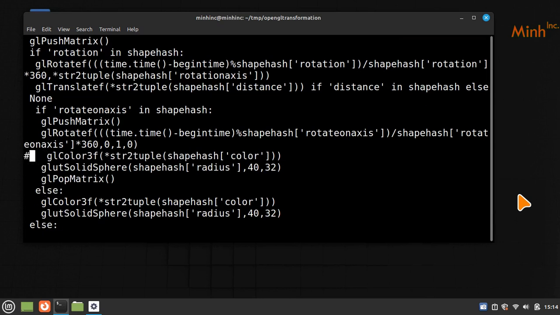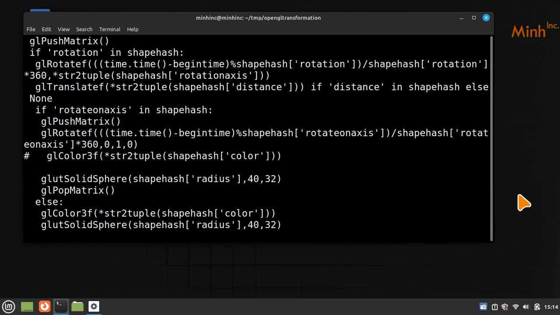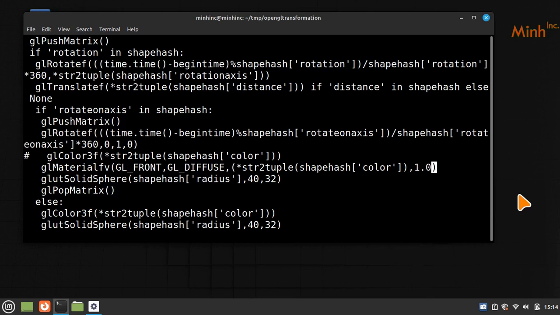We can just comment it out, and we'll say glMaterialfv GL_FRONT, GL_DIFFUSE. Whatever color we are receiving, same color. And we'll add 1.0.